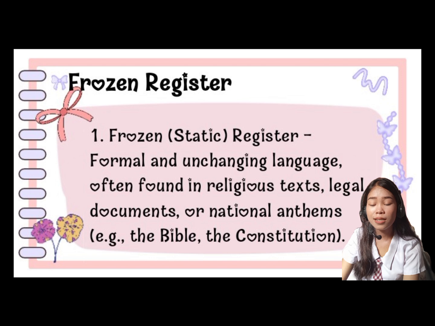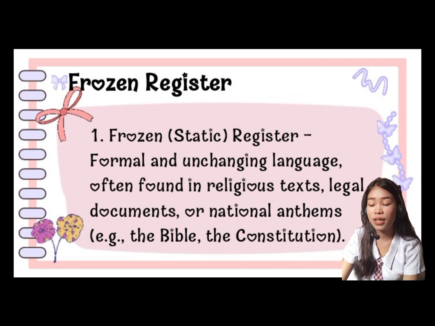The frozen or static register is a type of language that remains fixed, unchanging, and is often used in formal or traditional contexts. It is called frozen because the words do not change over time, and people are expected to use it exactly as it is written or spoken.